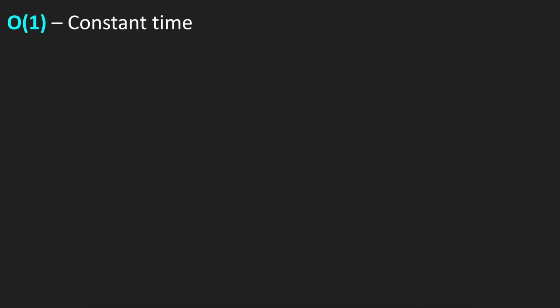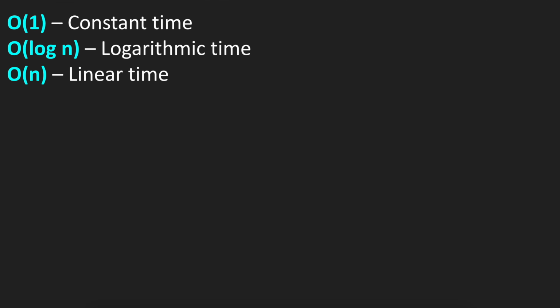So to sum up our time complexities, our lowest time complexity is constant, when the runtime of an algorithm does not depend on the input size. The next one is log n time complexity. The next one that we have reviewed is linear time complexity.